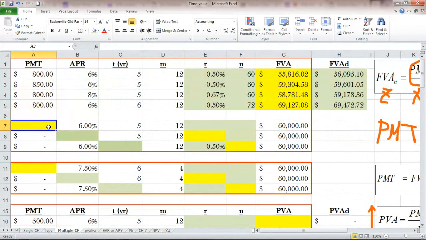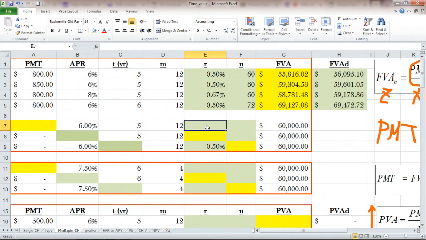So this is exactly the reverse engineering, reverse problem, because we already know our target future value. If we solve it backwards, we'll find payment.